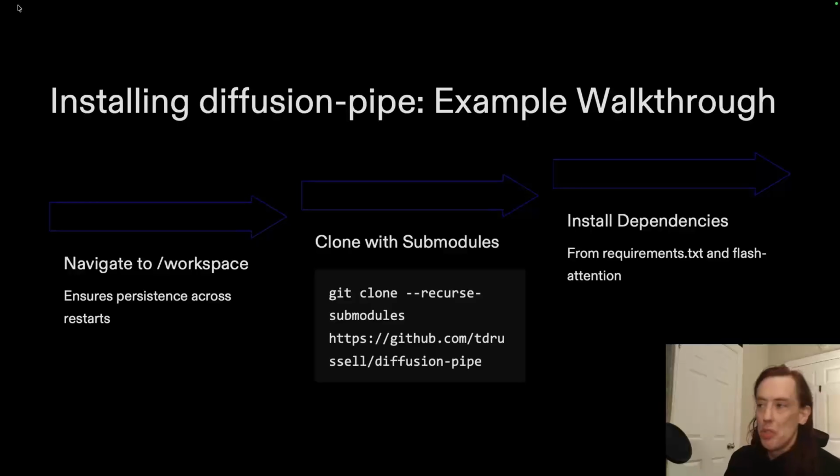And you can see that this is the general workflow. You navigate to your workspace, you clone the repo, and you install the dependencies, and that's pretty much all there is to it. It's not nearly as complicated as it looks when you're just looking at a GitHub repo and everything's glazing over just because there's so much text to get through.